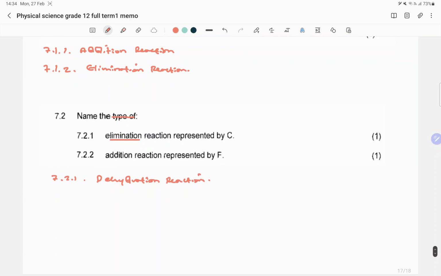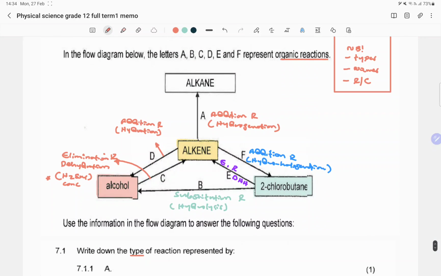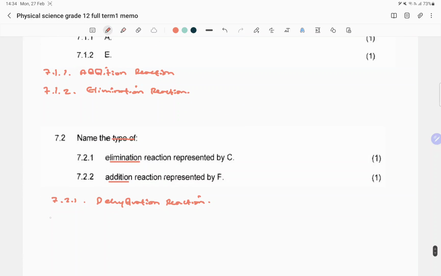Okay. Now name the addition reaction represented by F. We can see that this is hydrohalogenation. Okay, so that's easy.